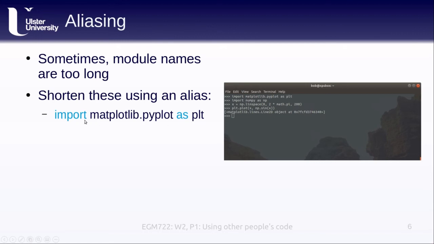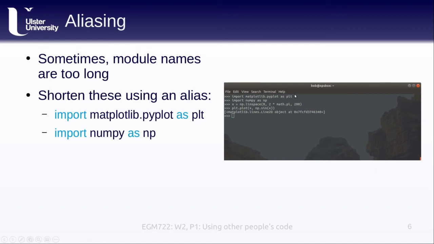So a very common one that you'll see is with matplotlib.pyplot. You import that as plt, and that means that instead of having to type out matplotlib.pyplot.plot and whatever else you need to do, you have just 3 letters that you're using here. Another very common one is to import numpy as np.